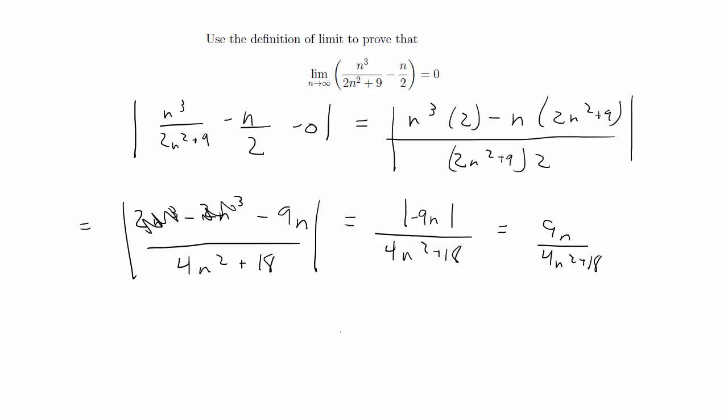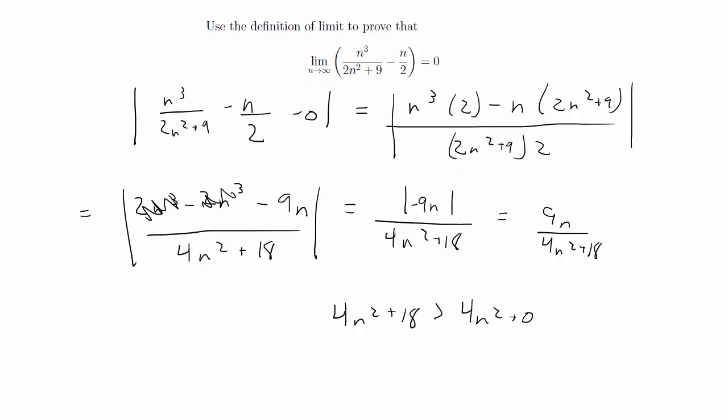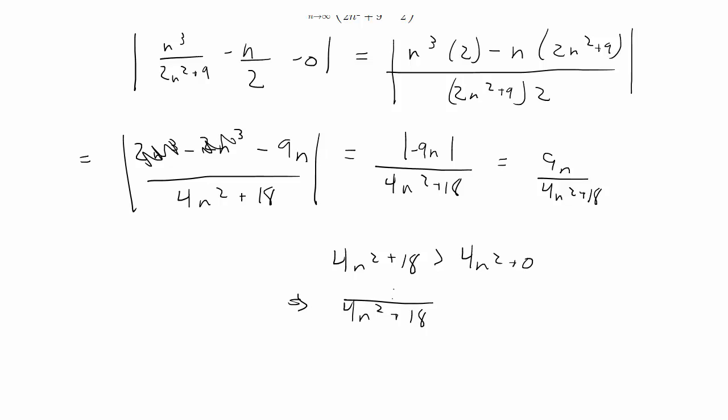But if you see that 4n squared plus 18 is greater than 4n squared plus 0, then you can show that 1 over 4n squared plus 18 has to be less than 1 over 4n squared. So that means that 9n over 4n squared plus 18 has to be less than 9n over 4n squared.